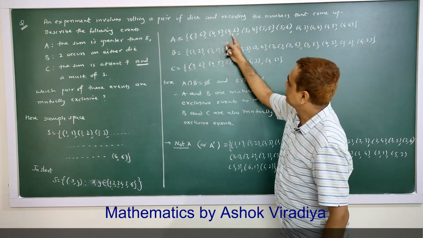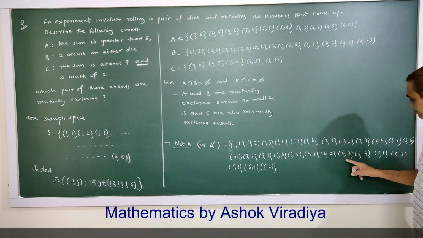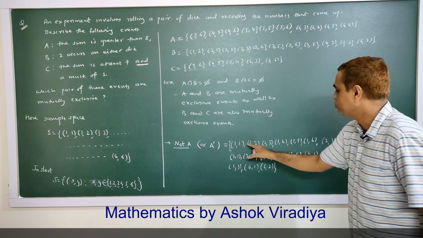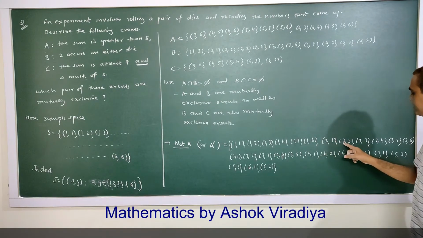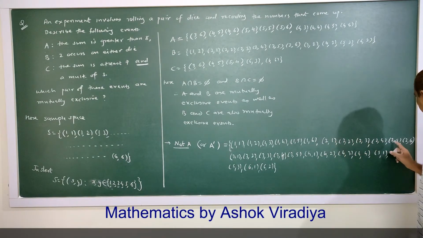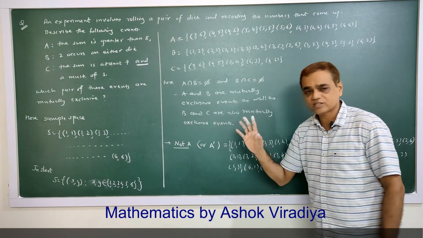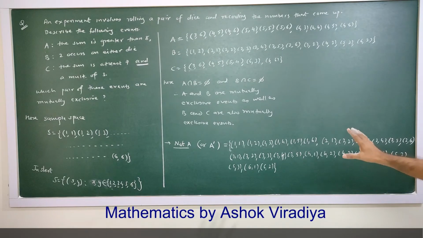See 1, 2, 3, 4, 5, 6, 7, 8, 9, 10, 11, 12, 13, 14, 15, 16, 17, 18, 19, 20, 21, 22, 23, 24, 25, 26, 27, 28, 29, 30, 31, 32, 33, 34, 35, 36. So total 36. No one is missed. So this is not A.